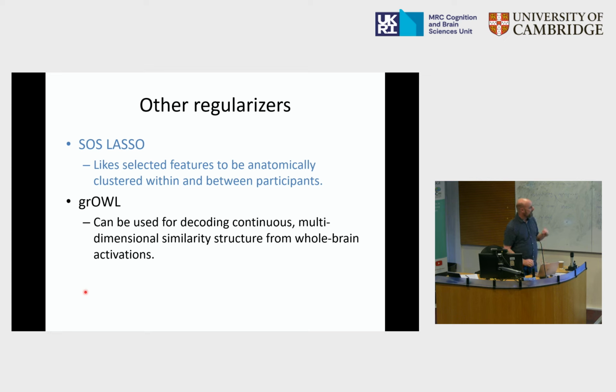The GrOWL is a way of trying to decode not just a classifier yes, no, but continuous and multivariate representational spaces. So if you wanted to look at a principal components analysis of your data set and you think of every stimulus as being a point in some graded space, we can use the GrOWL to try and decode where in that space a given stimulus lies from the pattern of neural activity that it evokes.